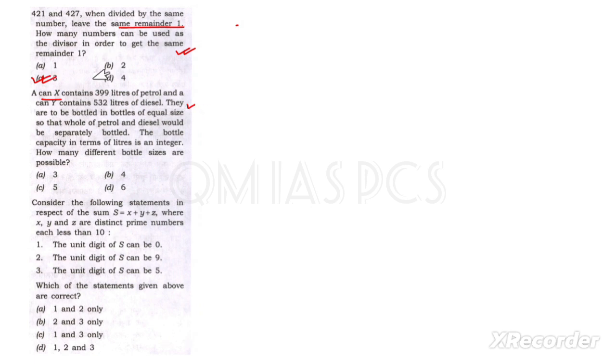They are to be bottled in bottles of equal sizes so that the whole of the petrol and diesel would be separately bottled.